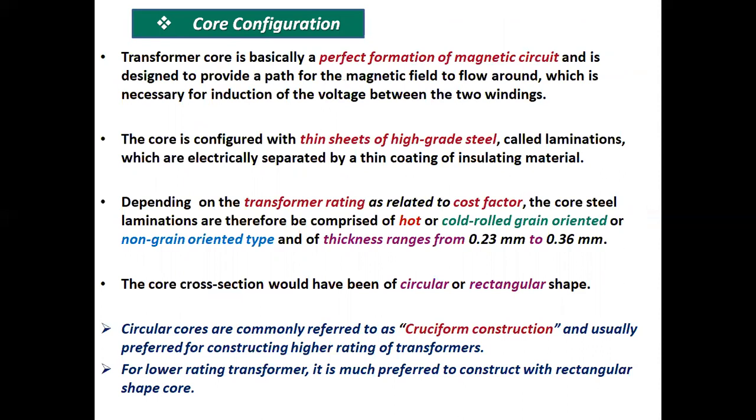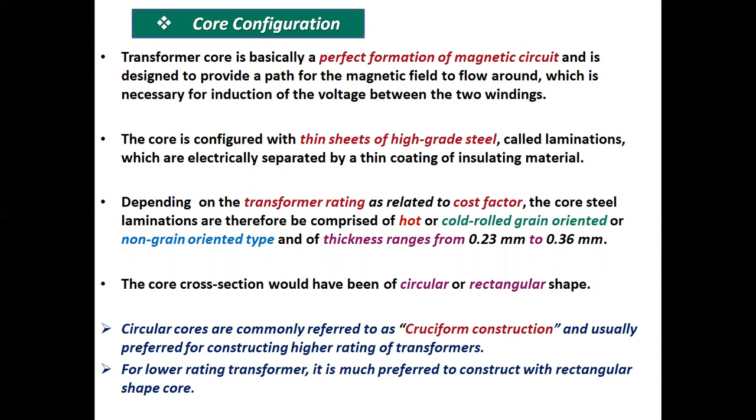Transformer core is basically a perfect formation of magnetic circuit and is designed to provide a path for the magnetic field to flow around, which is necessary for induction of the voltage between the two windings. The core is configured with thin sheets of high-grade steel called laminations, which are electrically separated by a thin coating of insulating material.